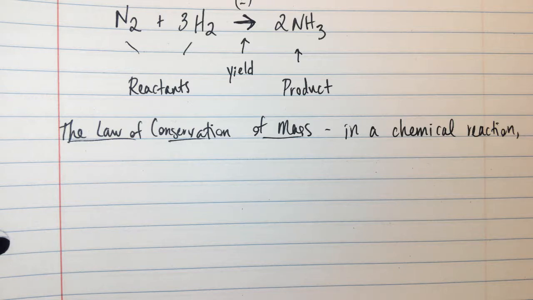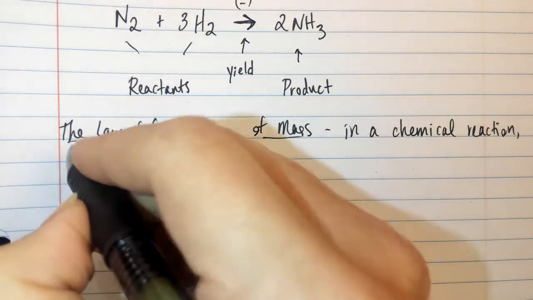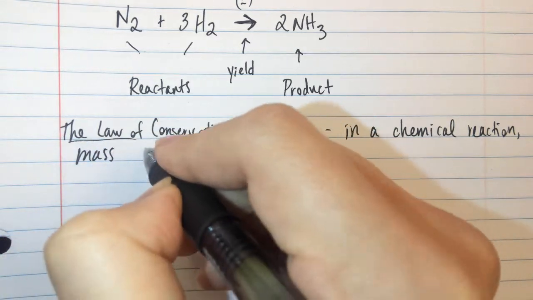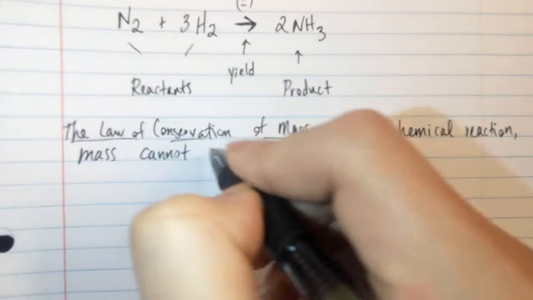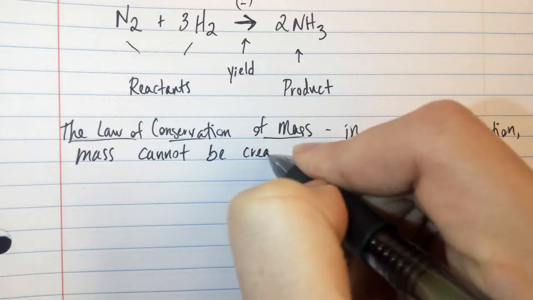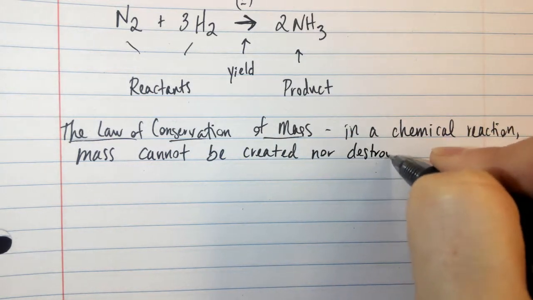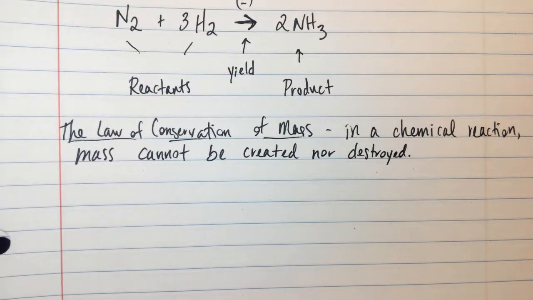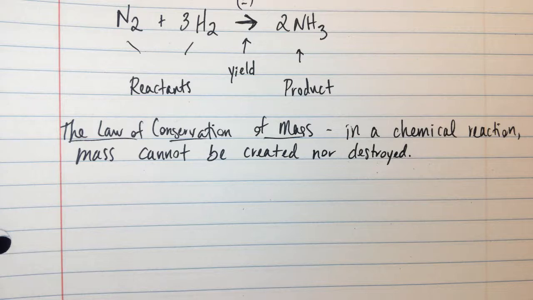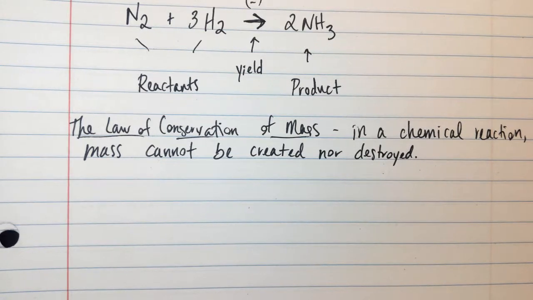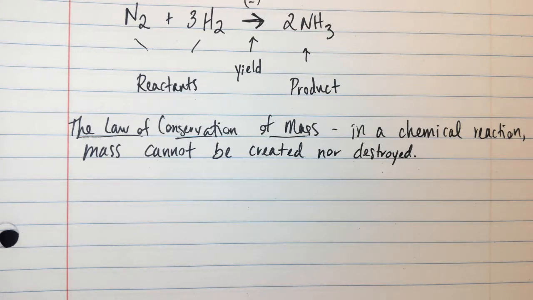In a chemical reaction, mass cannot be created nor destroyed. You never heard of that? Mass cannot be created nor destroyed. Matter cannot be created nor destroyed.